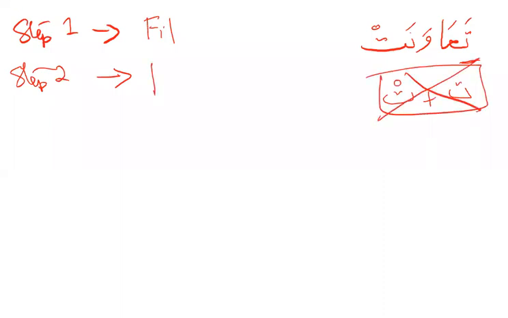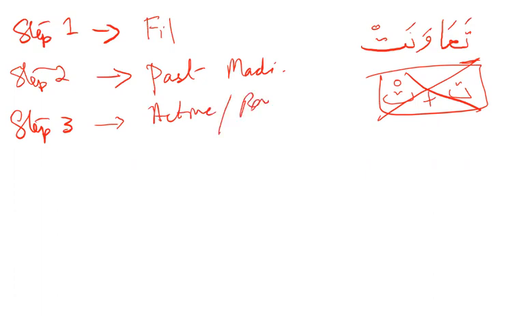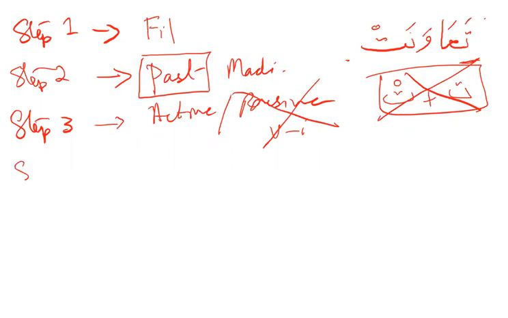So this is past, fil madi, past tense. Okay. Step 3. Is this active or passive? I think it is active. Yes, active, because we said it is past. Past passive would have an oo sound, and there is no oo sound here. So that's why it is not passive, it is active. Excellent.